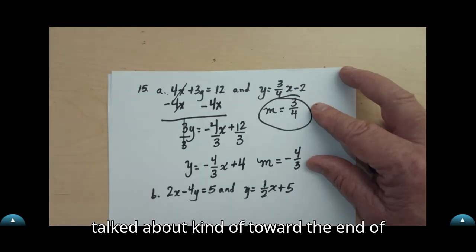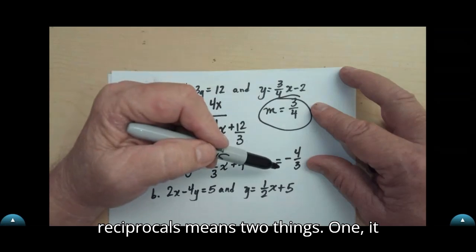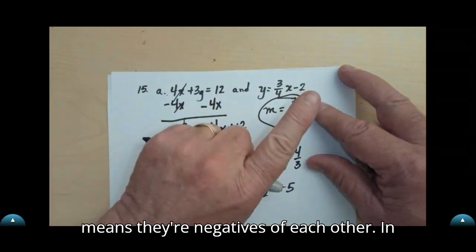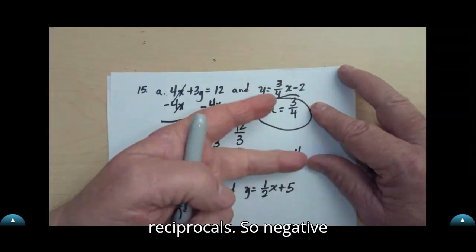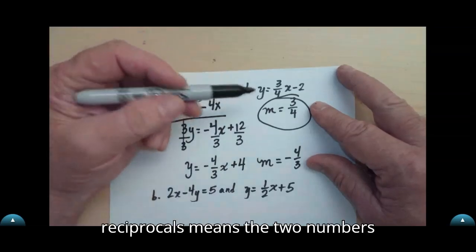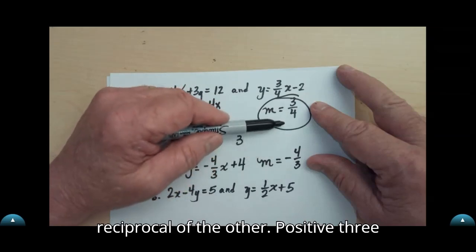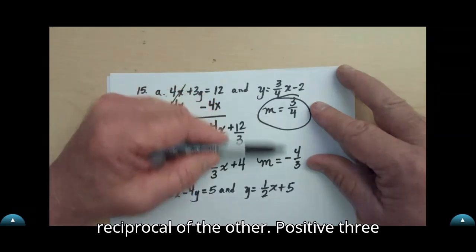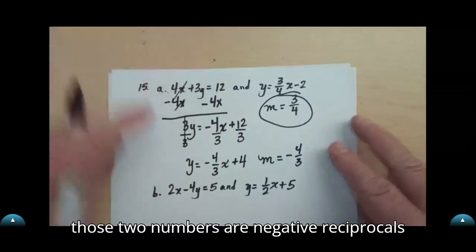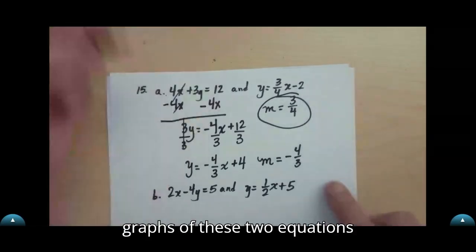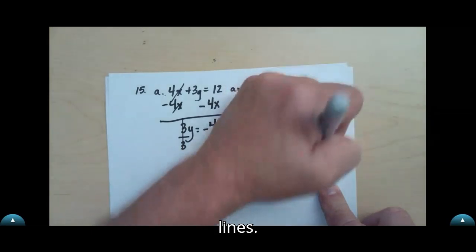Again, it's something we talked about toward the end of class last week. Negative reciprocals means two things. One, they're negatives of each other, in other words, they have opposite signs. Two, they're also reciprocals. So negative reciprocals means the two numbers have opposite signs and one is the reciprocal of the other. Positive 3/4, negative 4/3. Those two numbers are negative reciprocals. Then the two lines that are the graphs of these two equations must be perpendicular lines.